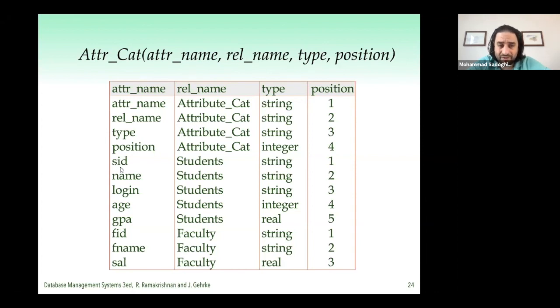What are the field names in that table? For the student, I have student ID, name, login, age, GPA. What are the types of them? What is the position of that record? What is the position of that field in that record?